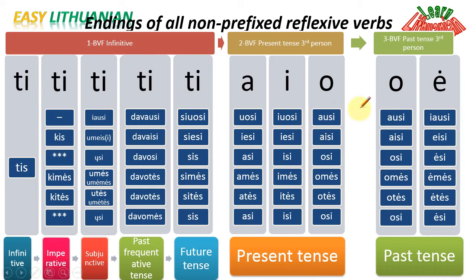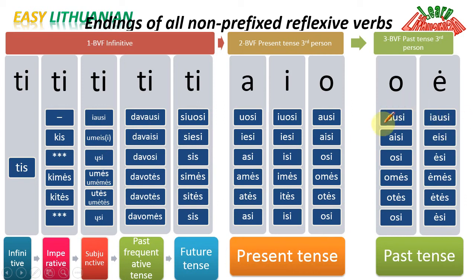So these were the changing of the endings, and now the present tense, all conjugation doesn't change any endings except the first and second plural, and the past tense conjugations also don't have any alternations to their endings.